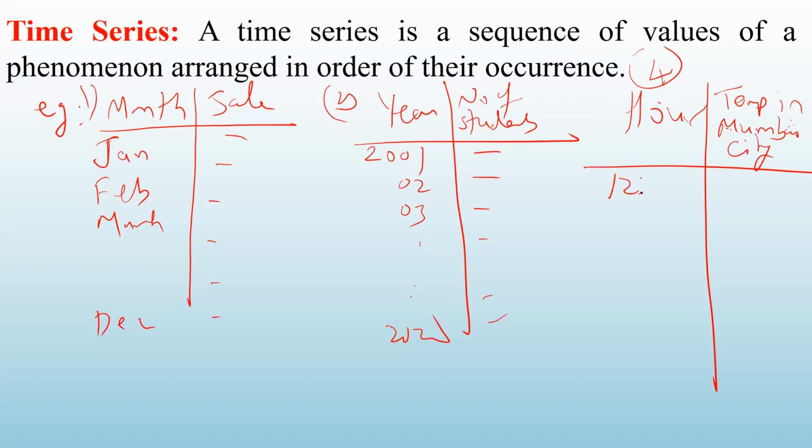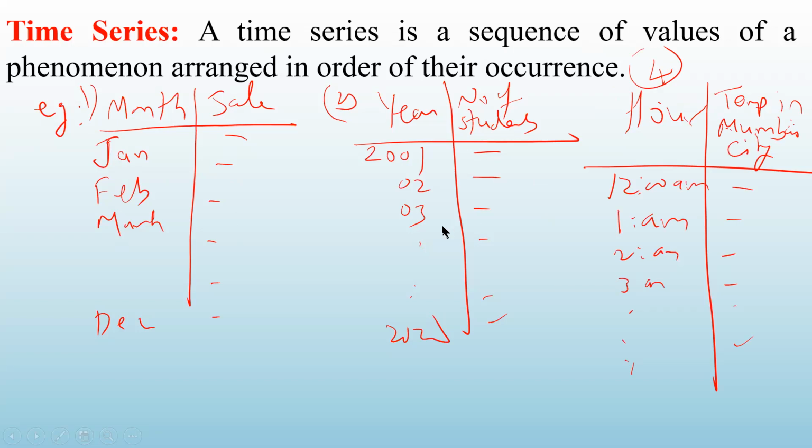What was the temperature at 12 a.m., 1 a.m., 2 a.m. So it is giving you a time series where the time is an hour. So in this way, you can give plenty of examples of a time series. Everywhere the data is written as per the time.